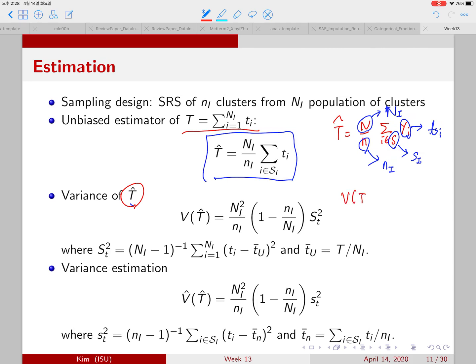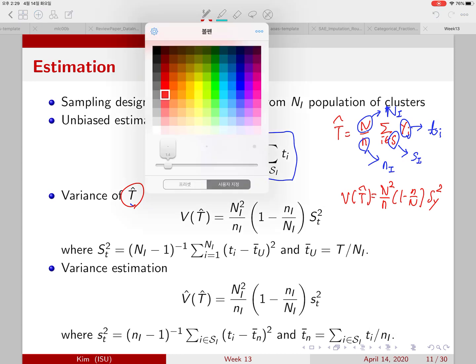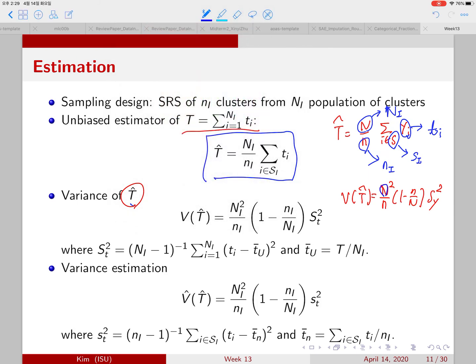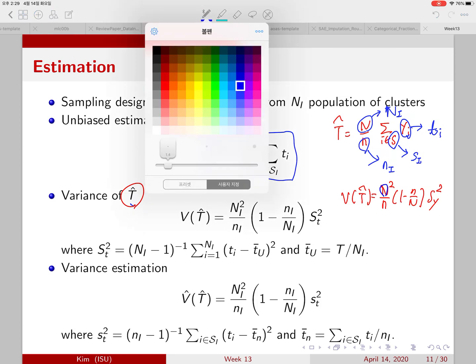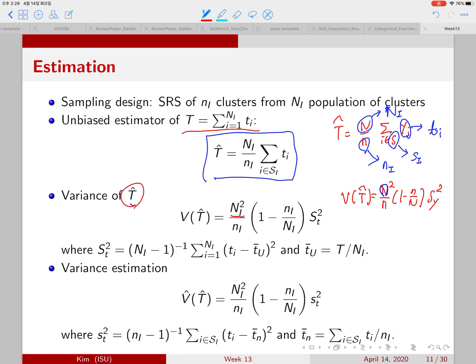The variance of t hat under simple random sampling is this, and we apply the same changes: N becomes capital N, the number of clusters in the population, divided by the sample size n, and y is changed to t.